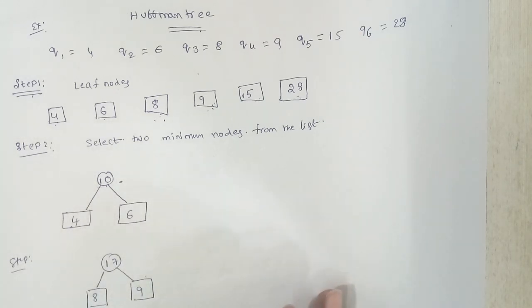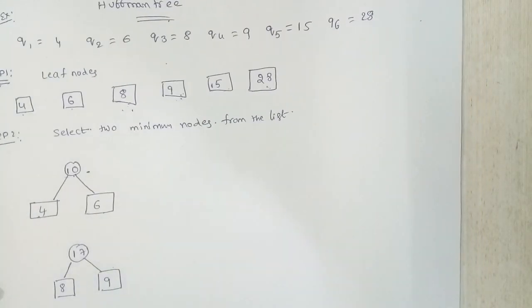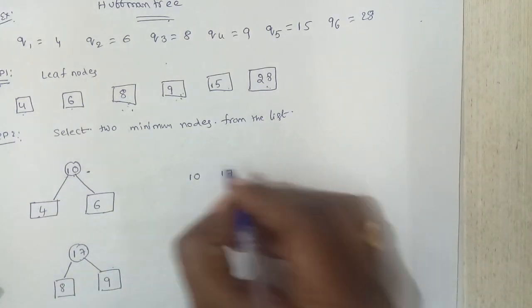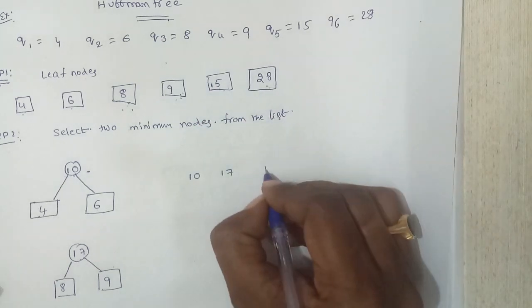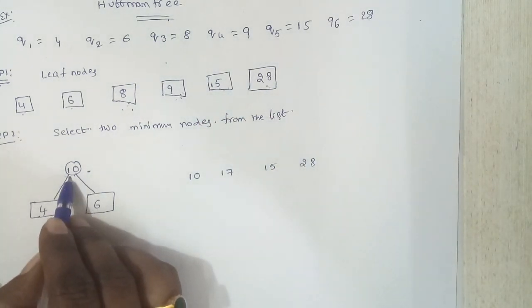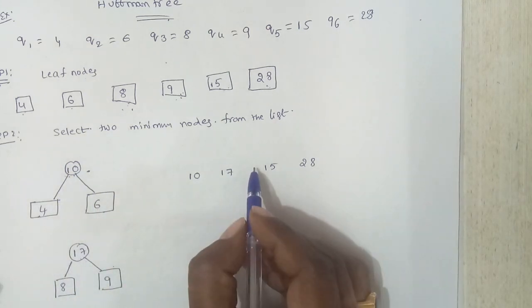Now how many do we have? I have 10, this merged one 17, along with 15 and 28. You got it? Each and every time we have to consider the merged node also.